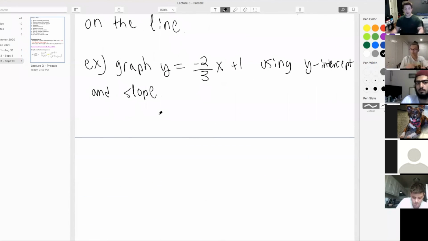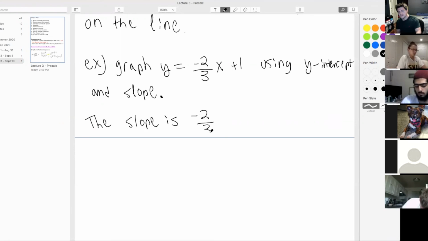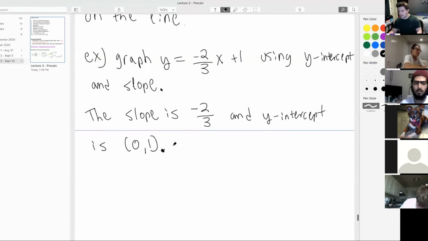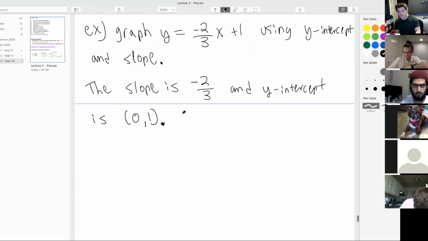Okay, so first of all, we need to find the slope and we need to find the y-intercept. So first of all, the slope is negative 2/3 and the y-intercept is 0, 1. Okay? So this is not bad. So what does this slope tell us?